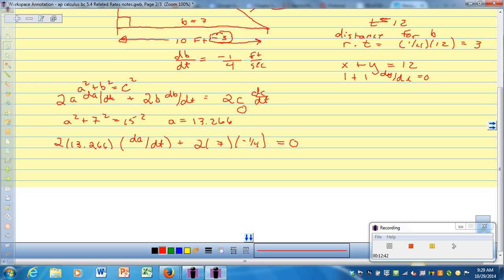So up is usually considered positive, down is considered negative, increasing is positive, decreasing is negative. You need to look at the length of what is going on to figure out whether your rate is decreasing or increasing. So go ahead and find our dA/dt.